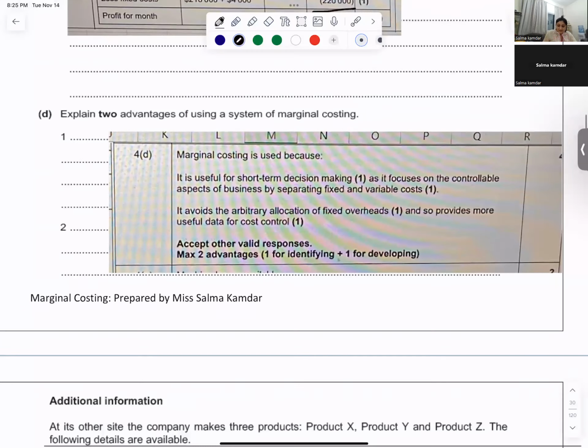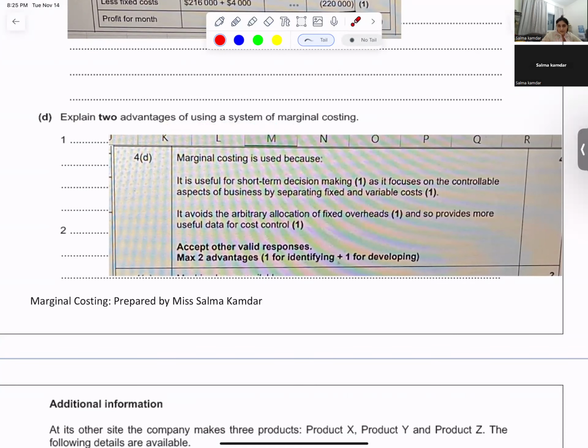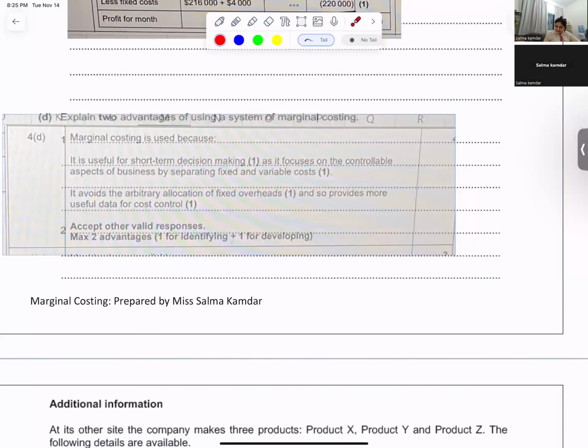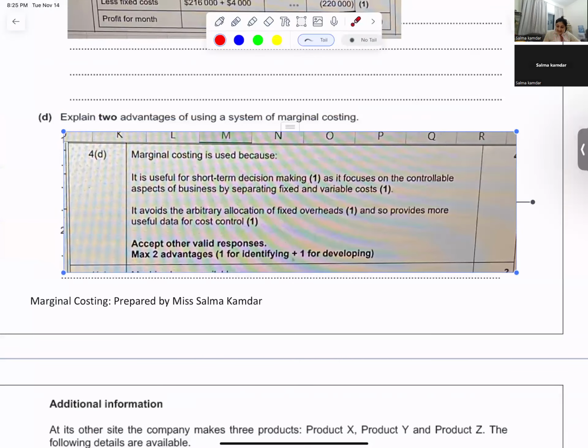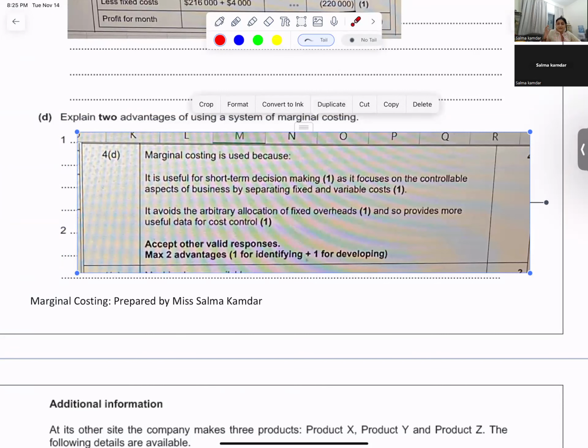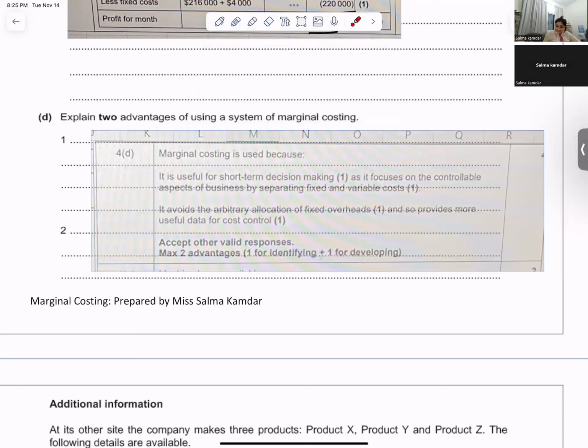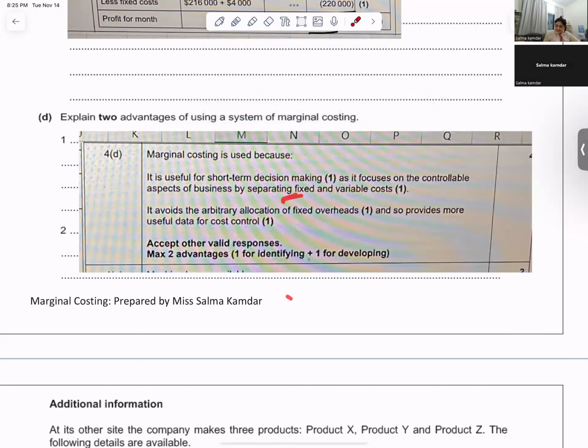So what is the advantage of using marginal costing? The first advantage of using marginal costing is that it is useful for short-term decision making, as it assumes that the costs that a business incurs can be separated. By separating the fixed and variable cost, it assumes that the fixed cost is separate and variable cost is separate.